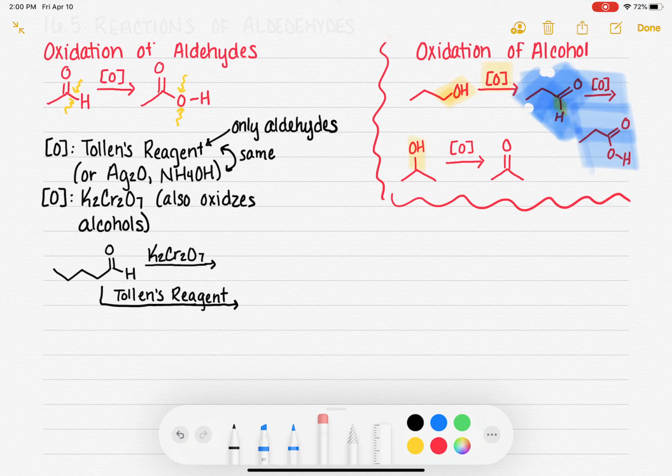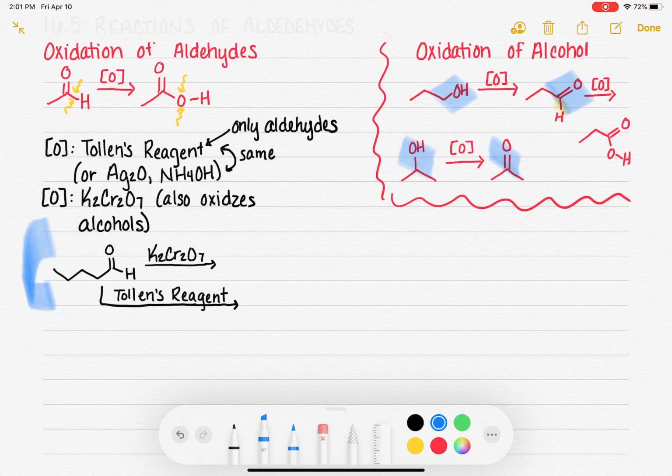If we go back up here to this highlighted mess that I've made up here, the first step in both of these reactions is converting a carbon-oxygen single bond to a double bond. So when we're down here trying to predict the product of an oxidation reaction, the first thing we should look for is a carbon-oxygen single bond. If we had one, we would convert it to a double bond.